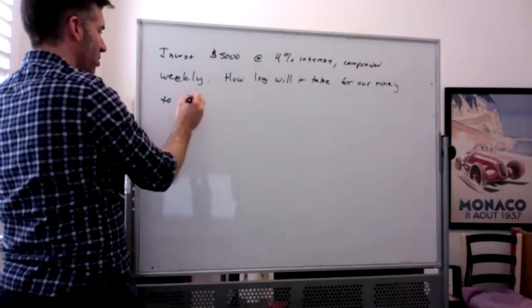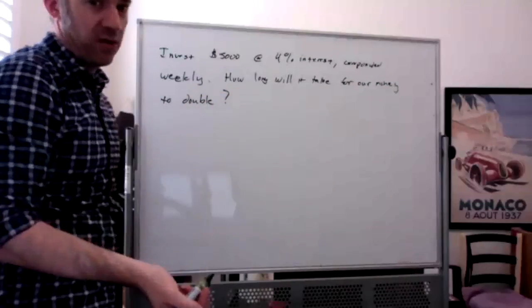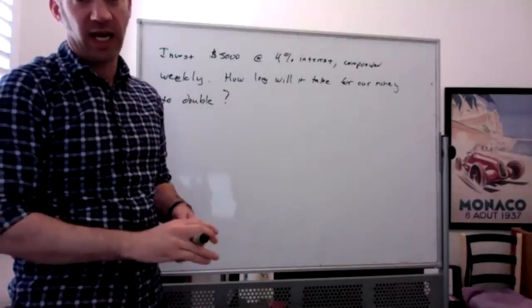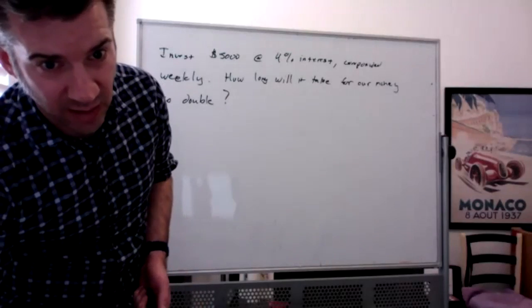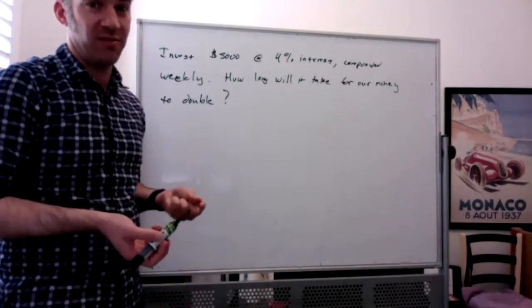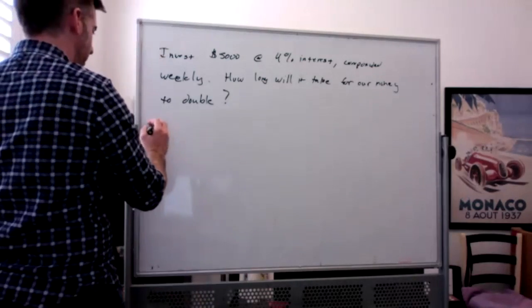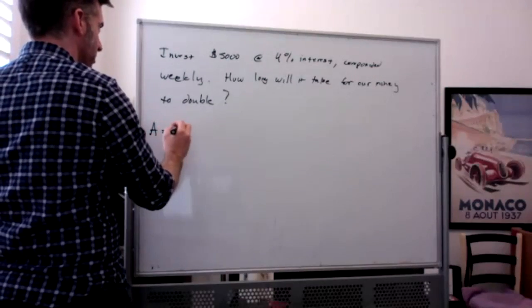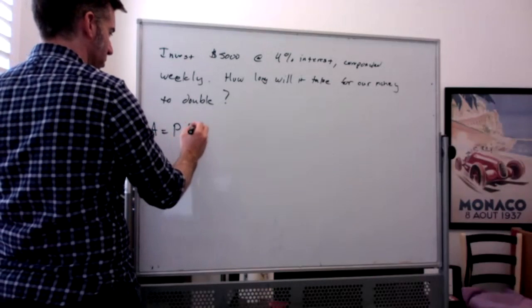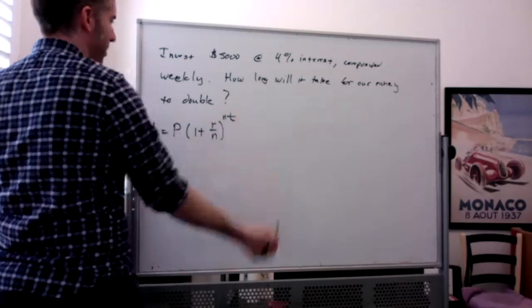Well, we know all the things that go into that formula, except for the one thing we're being asked for. We're being asked to find the amount of time. So when I set up my equation, I should be able to substitute in for every other value except for time. Again, I've got A equals P times 1 plus r over n, to the nt power.